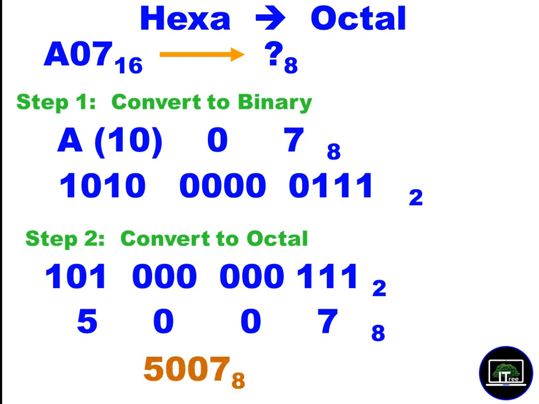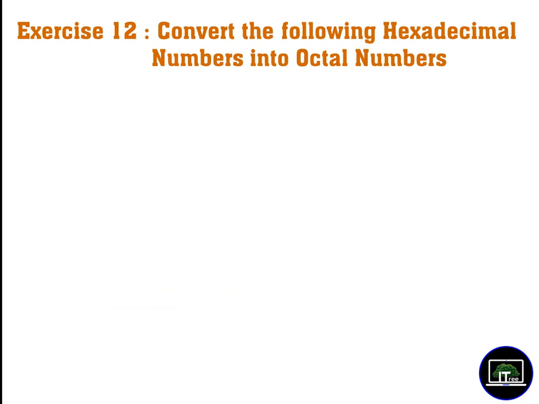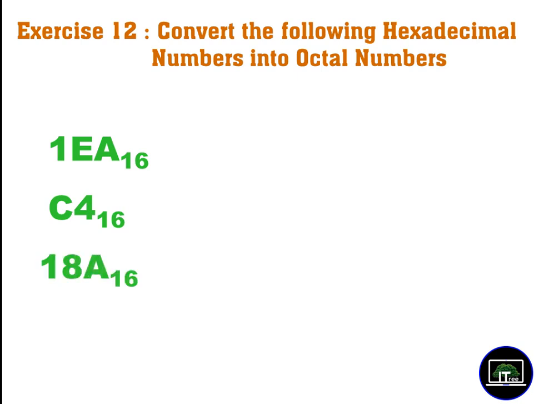You can do that. Okay, we get one more exercise. 1EA from hexadecimal to octal. You know how to do that. Convert to binary, then convert to octal. C4. Third one. 18A from hexadecimal to octal. 1EA.